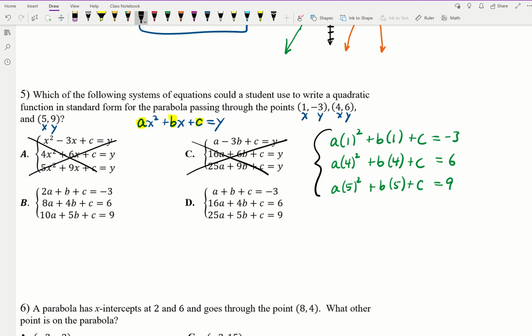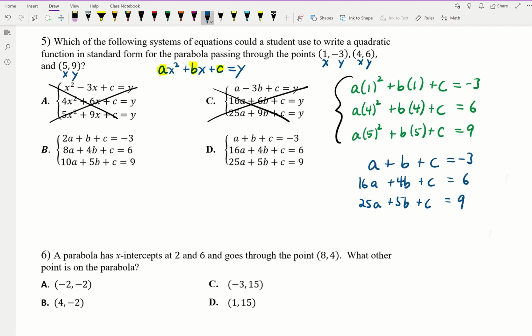All right. If I were to rewrite this out simplified, which I'm going to do just to show you, this would just be a plus b plus c equals negative 3. This would be 16a plus 4b plus c equals 6. And this would be 25a plus 5b plus c equals 9.